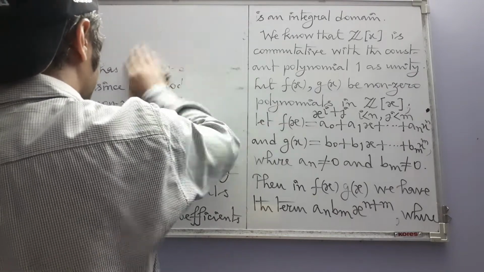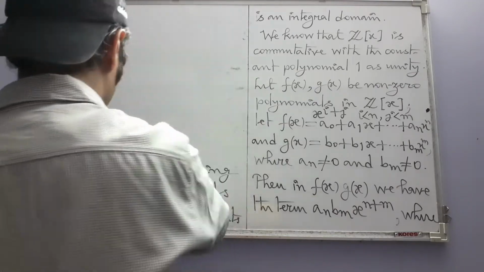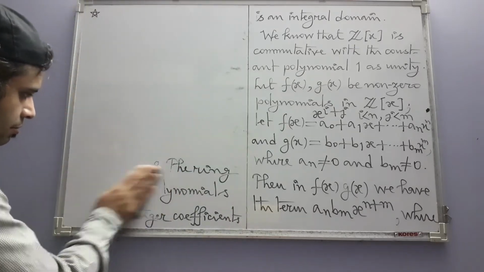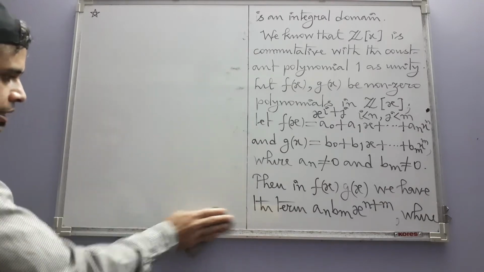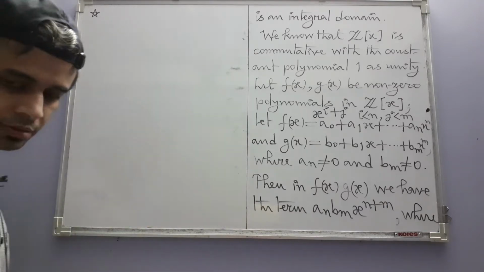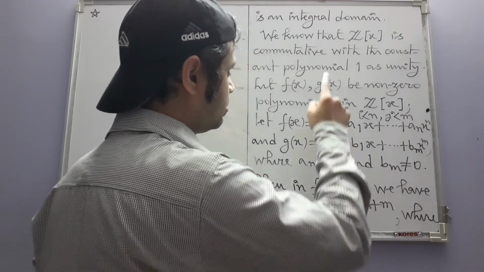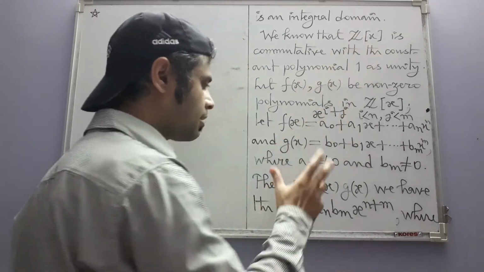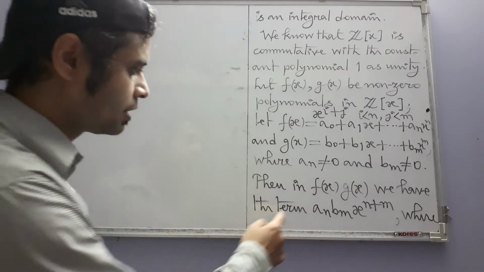So it's a non-zero polynomial. Do you see that this is a direct consequence of the fact that the ring of integers itself is an integral domain, so it does not have zero divisors.